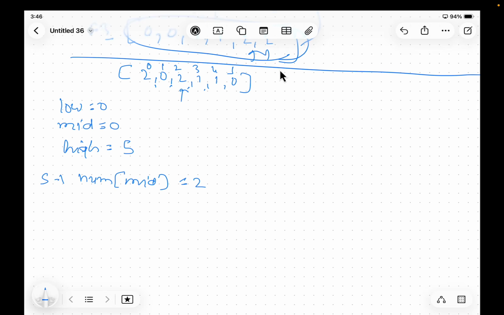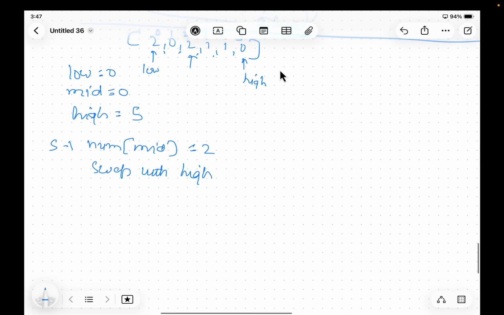This mid, so what to do with the 2? 2 is high, so we have to send the 2 to the right side. I am going to swap this with high. This is my low, this is my high. So swap with high.